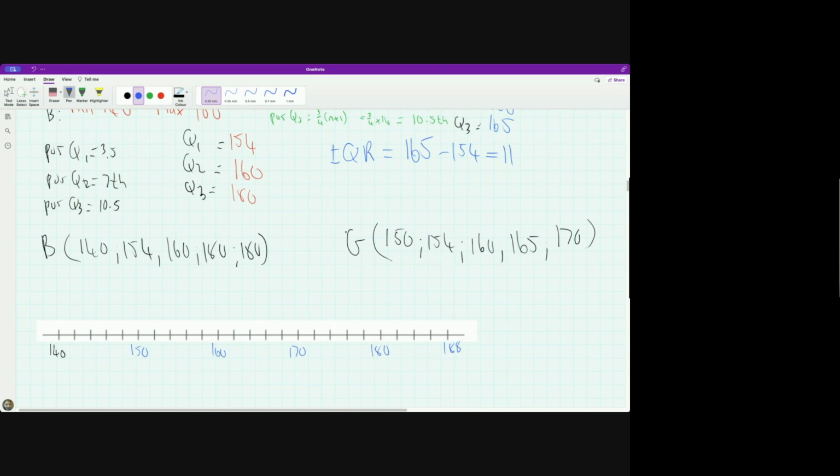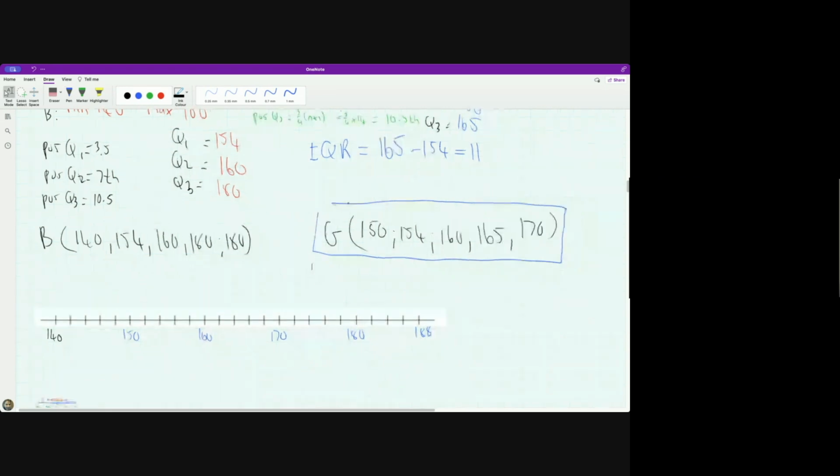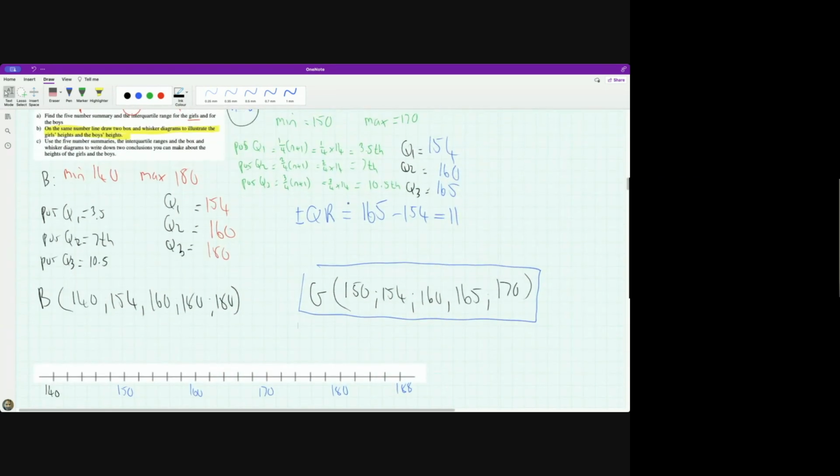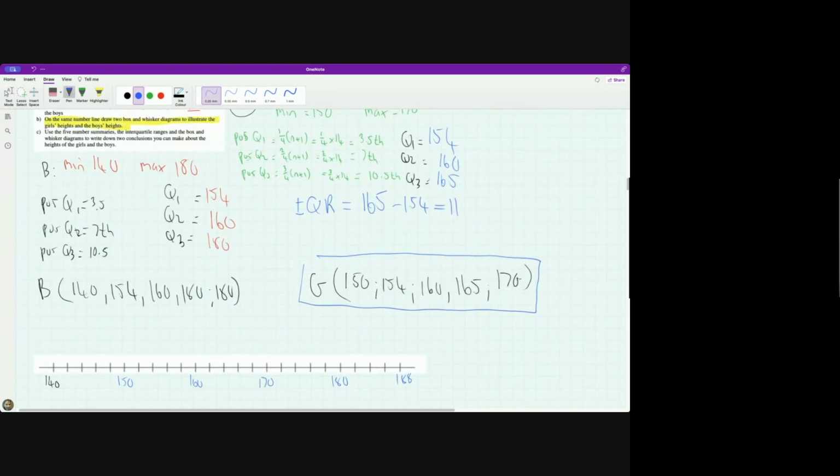I want you to draw the box and whisker plot for girls now. And I want you to say done in the chat when you are done. So this is 170.